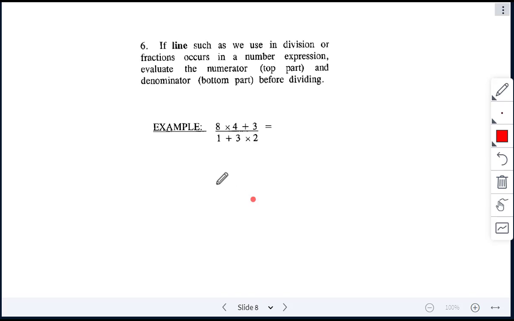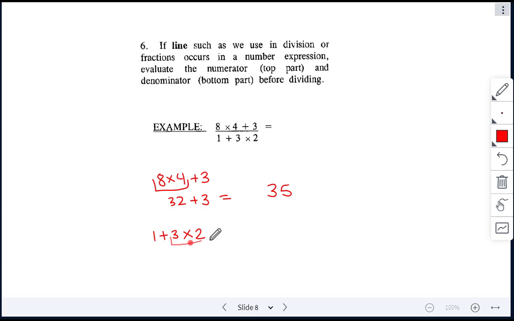So let's work with our numerator first. So it's 8 times 4 plus 3. So we're going to do the multiplication first, which is 32 plus 3, which gives me 35. And then our denominator, which is 1 plus 3 times 2.